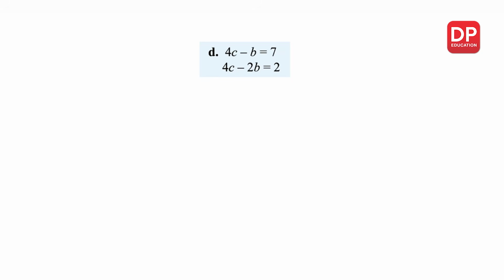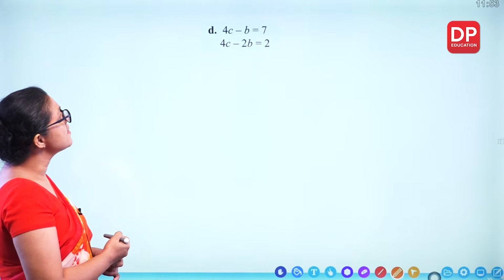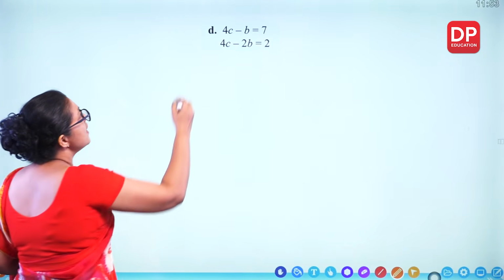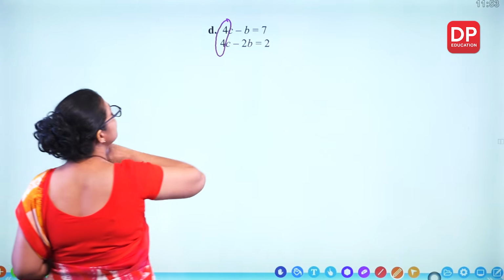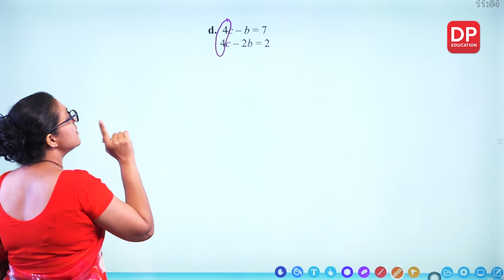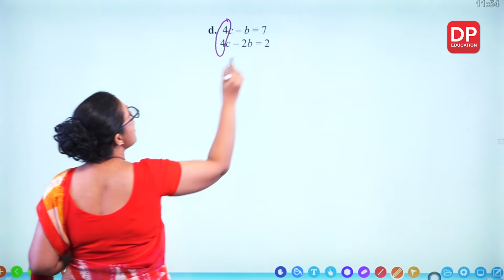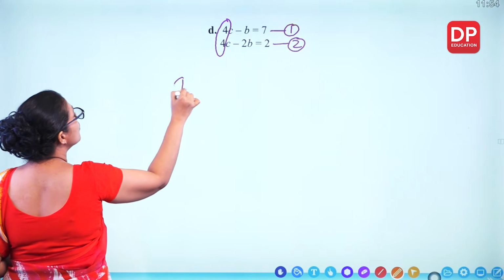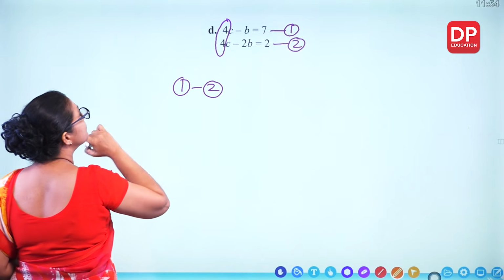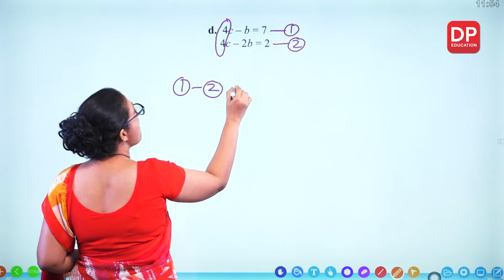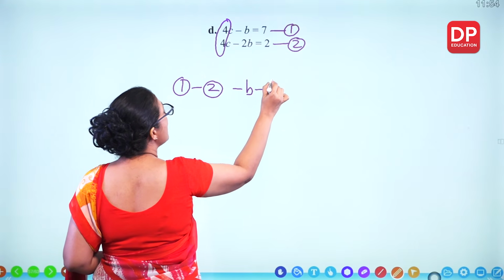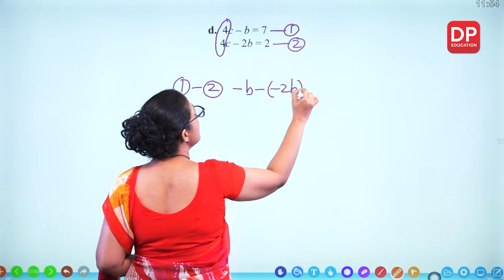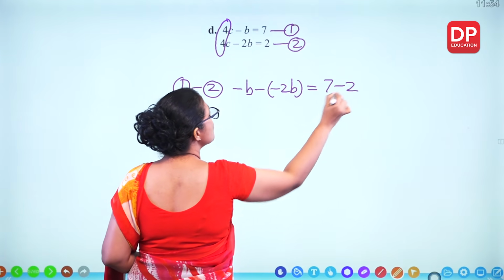This one, which one is the same? 4c, 4c. Same sign and same coefficient. You subtract the two equations. 1 minus 2. So you get minus b minus minus 2b equals 7 minus 2.